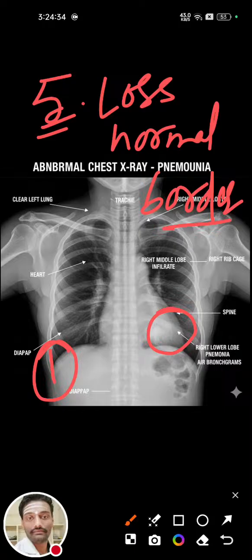Left heart border lost, seen in lingular pneumonia. Right diaphragm obscured, we will see in right lower lobe pneumonia. Left diaphragm obscured will be seen in left lower lobe pneumonia.